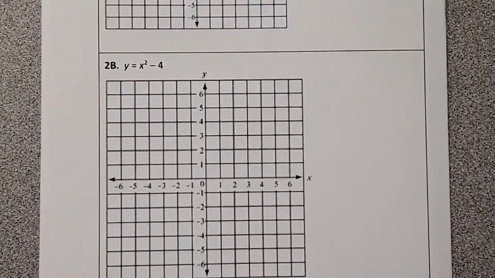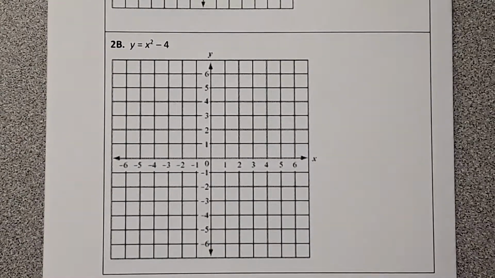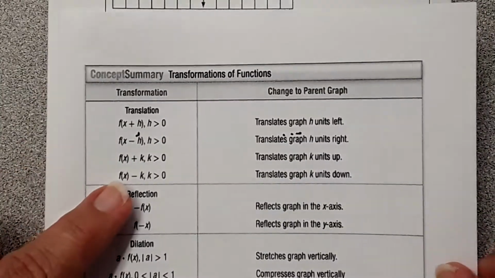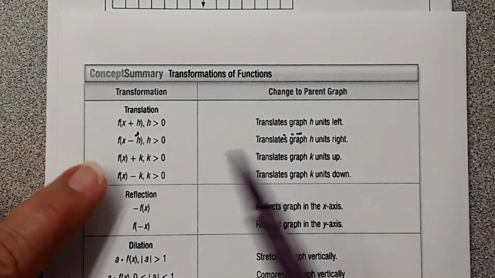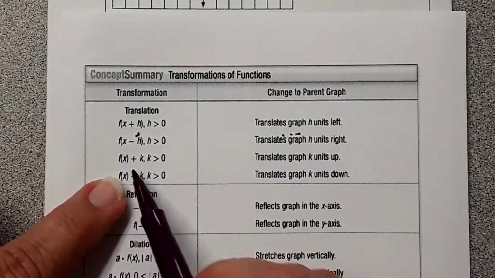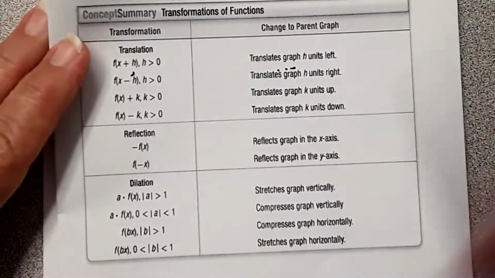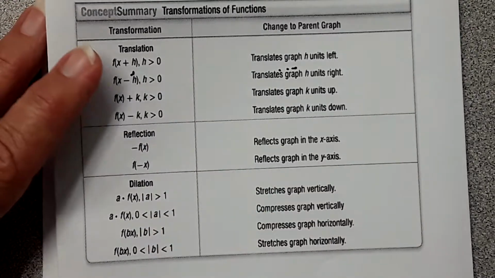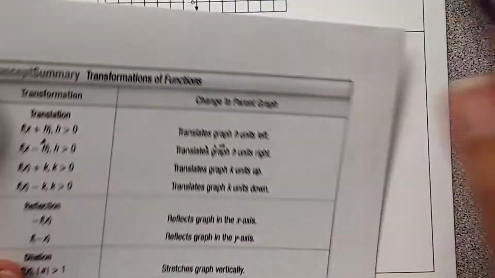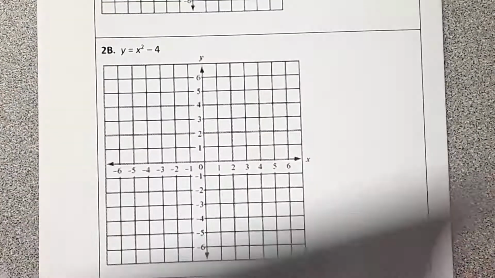Okay, let's look at 28. I mean, not 28, 2b. Oh my goodness, you guys. Okay, so 2b, it says x squared minus 4. So let's look. Since the 4 is not inside a parenthesis or absolute value, it's more like f of x plus k. And again, because it says minus 4, so we're looking at f of x minus 4, where k is greater than 0. Don't worry, that's greater. So we're gonna translate the graph k units down.